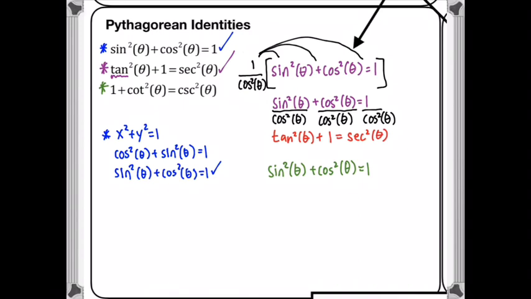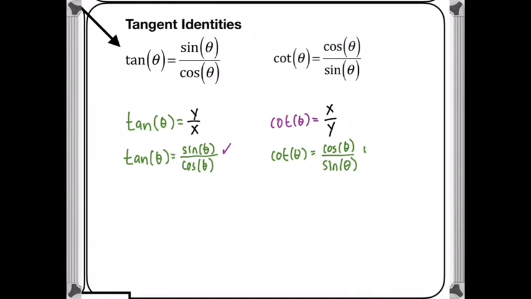Okay, so we're going to use the same technique for the last identity, and we notice that we need a cotangent for that one. To get cotangent, we know that we're going to have cosine over sine, as we see right here.